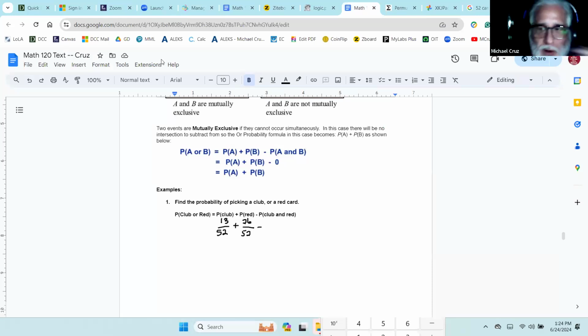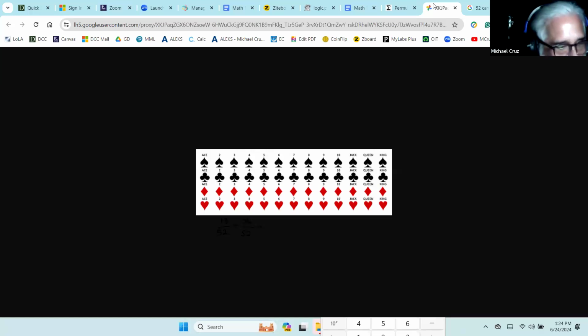Now, are there any that are red and a club? Any cards that are red and a club? No, clubs are black. That's what we call mutually exclusive.